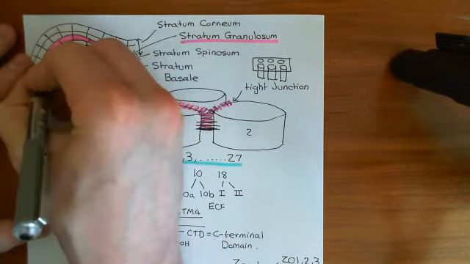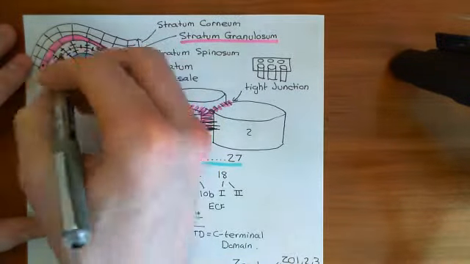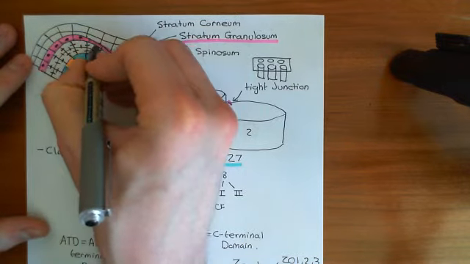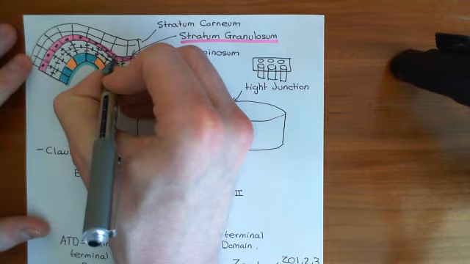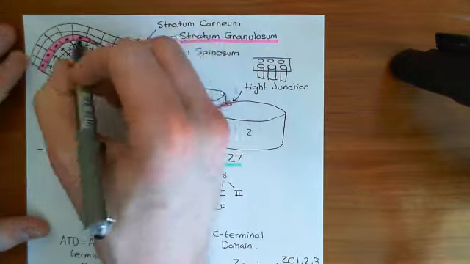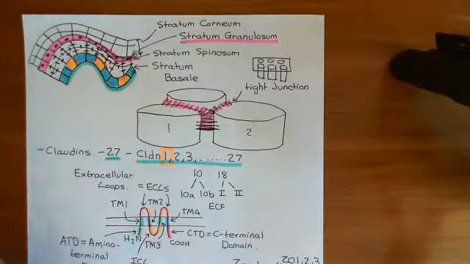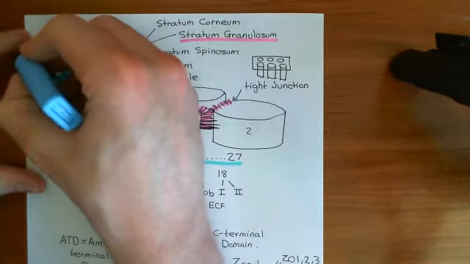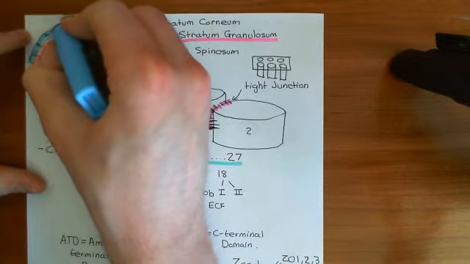On my picture at least, all of these cells prior to this outermost layer have nuclei and other intracellular organelles. The outermost layer, the stratum corneum, which is multiple layers of cells, these cells have no intracellular organelles anymore.